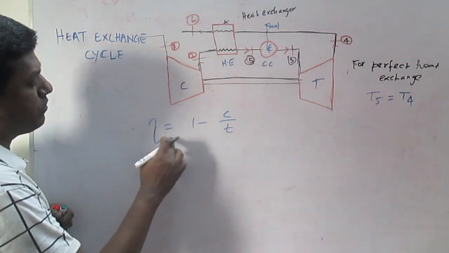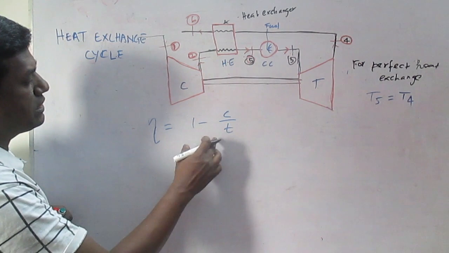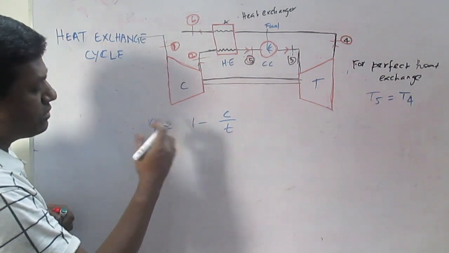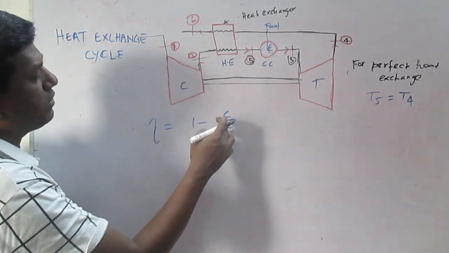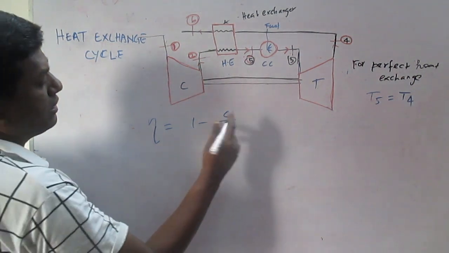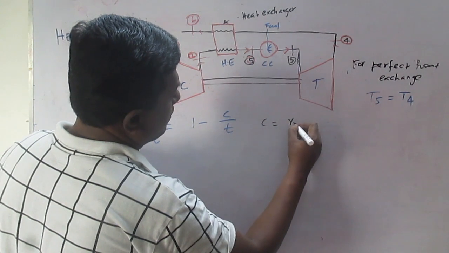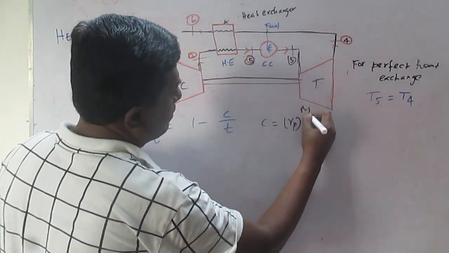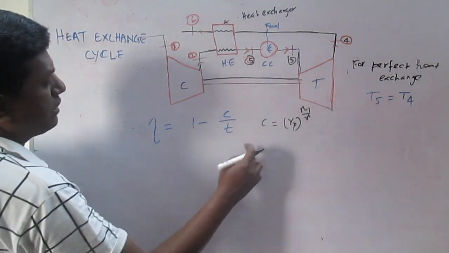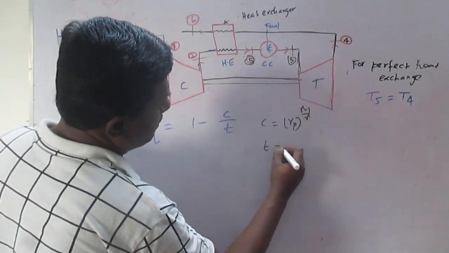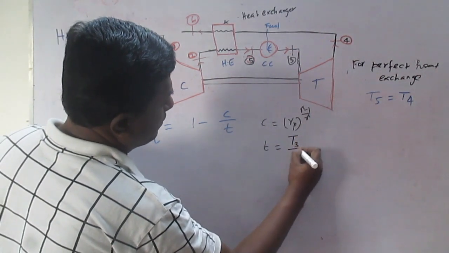The thermal efficiency does not depend only on the pressure ratio, because C is nothing but Rp power (gamma minus 1) by gamma, and T is nothing but T3 by T1.